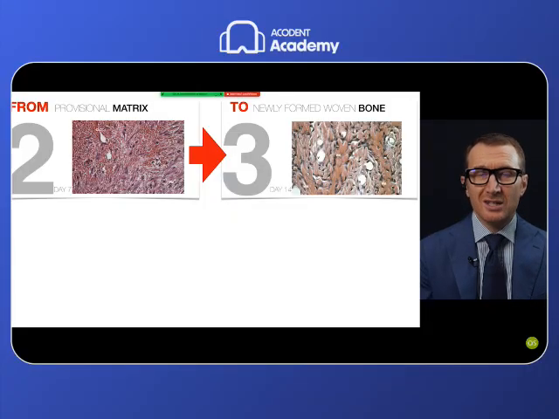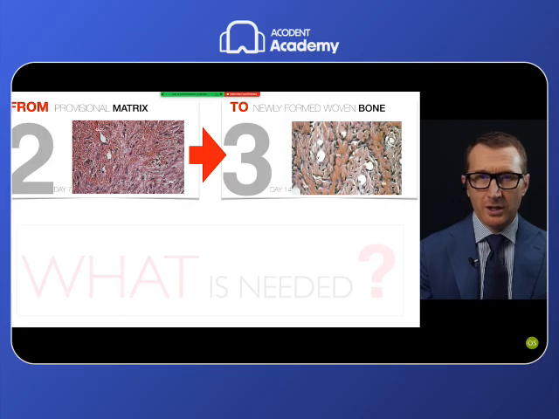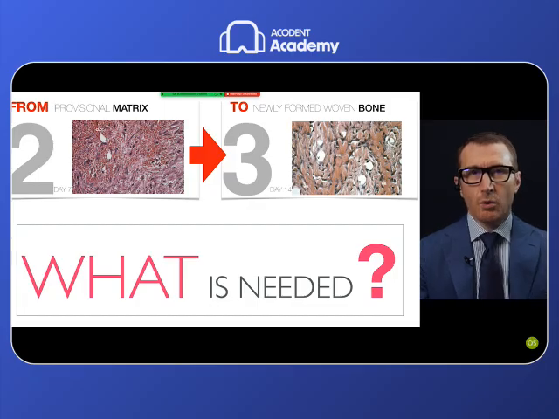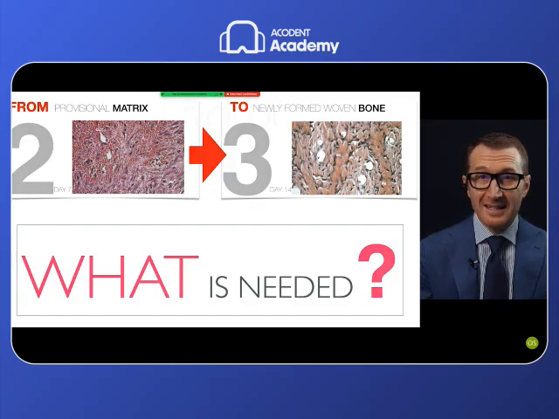The surgery is not performing the regeneration. The surgery is just creating the environment where the regeneration will run. So we need to know what is needed.